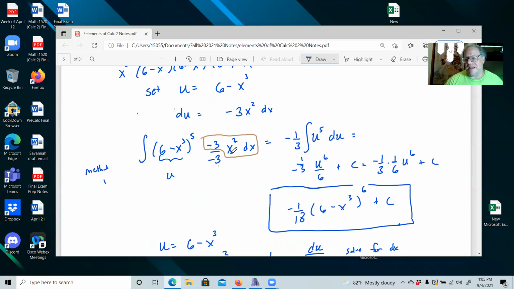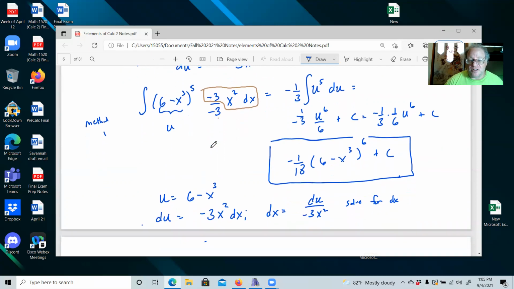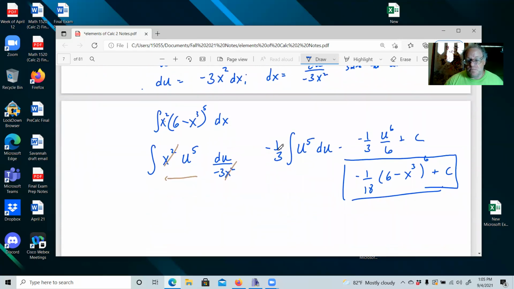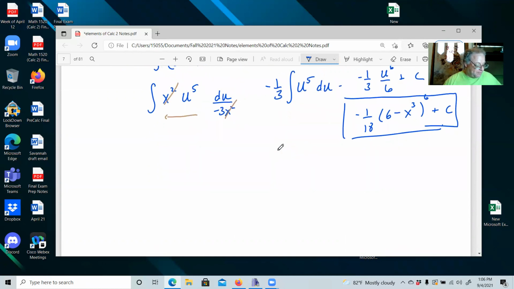So I'll do it this way, method 1, because for me, it's a little easier. But they're both correct. You should use the method that you feel most comfortable with, the way that speaks to you. So that's our little discussion.